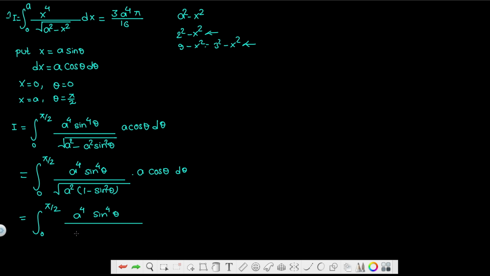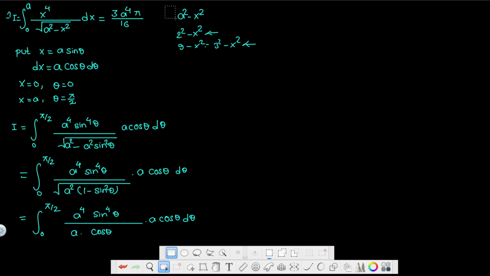So this expression results in a times... 1 minus sin squared theta is cos squared theta, and this square and this square root will cancel and we will get cos theta, and here we have a cos theta d theta.